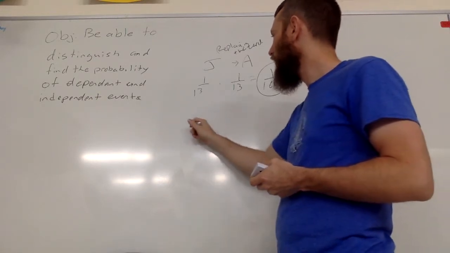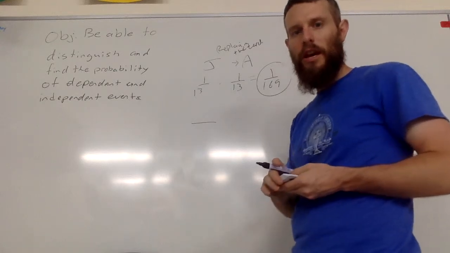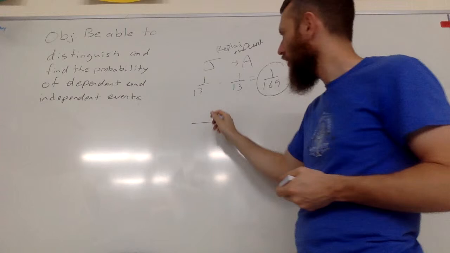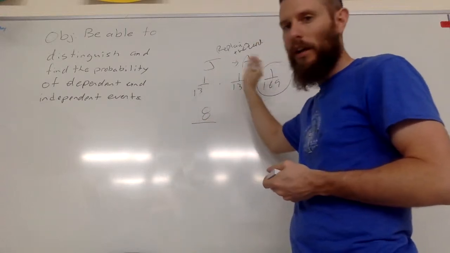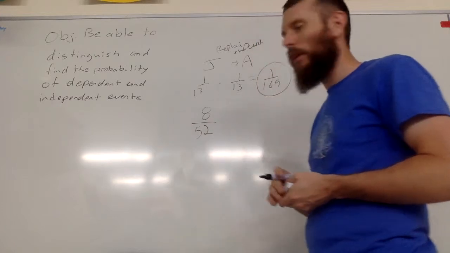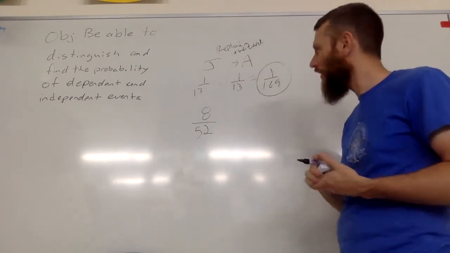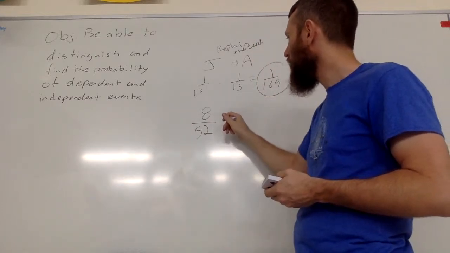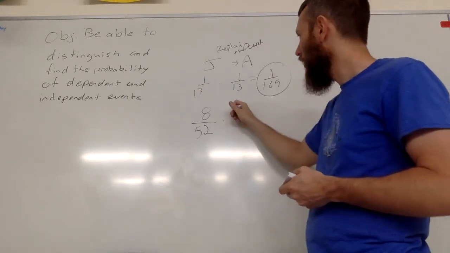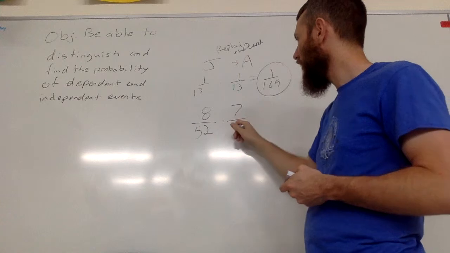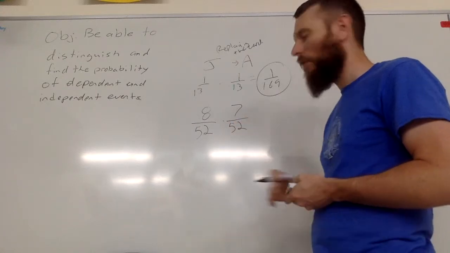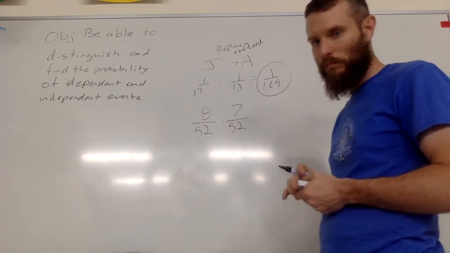The probability of the first one being a jack or an ace is 8 out of 52, because there are 4 jacks and 4 aces, which by the way simplifies to 2 over 13, right? And then I don't replace it, so what's the probability of the next one being the other card? Well, there's only 7 left out of the 52.